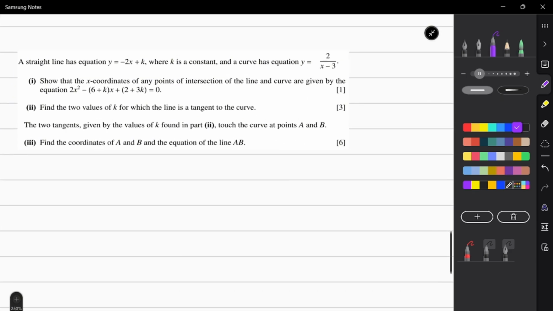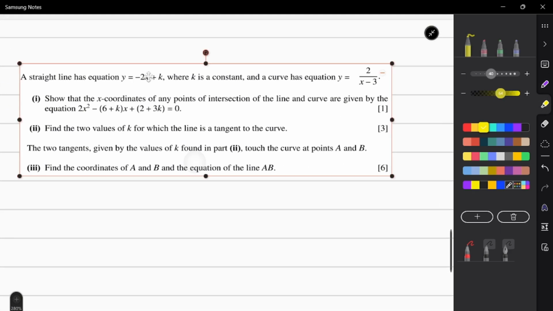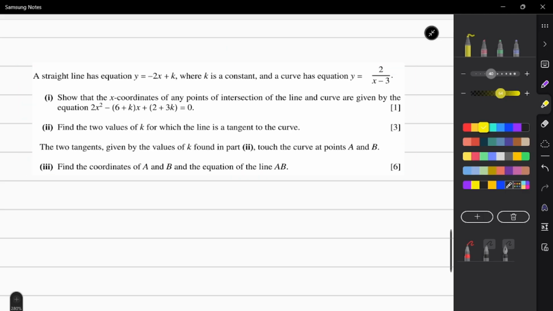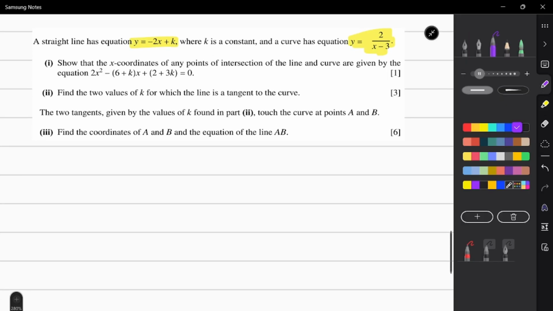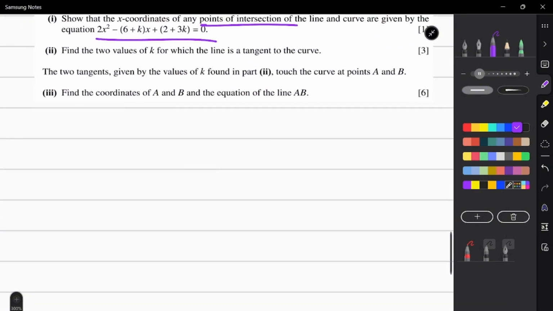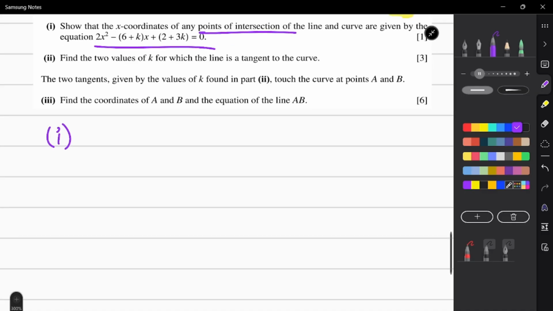A straight line has equation this. Okay, wait. This is the equation of the straight line. This is the equation of the curve. Show that the x coordinates of any points of intersection of the line and the curve are given by this equation. Okay, and this is only going to be shown when we equate the two y's together, because they want us to find the points of intersection, and we have already gone over this.